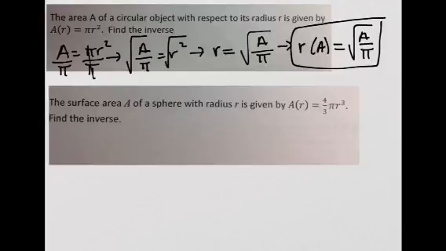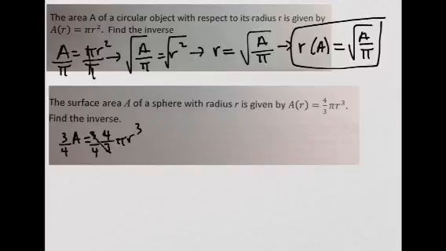Okay, so we're looking for the inverse of this function. This is the surface area of a sphere. Okay, so just like before, we're going to switch out the A of r to just A. 4/3 pi r cubed. I can multiply both sides by 3/4.